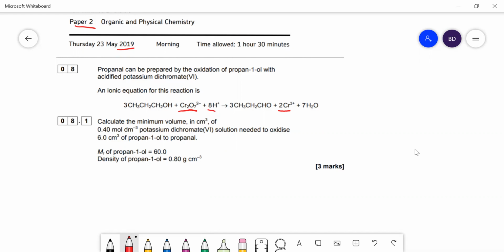Right. So first of all, we need to work out the moles of propanol we've got. And first of all, we need to work out the mass. So we've got to use density, of course. Density is equal to mass over volume. So our mass is equal to density times volume.